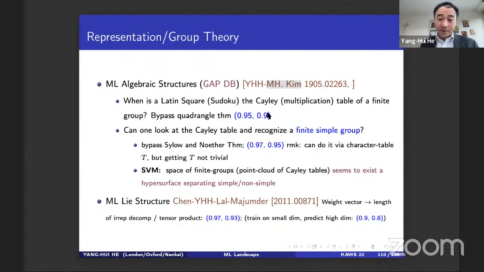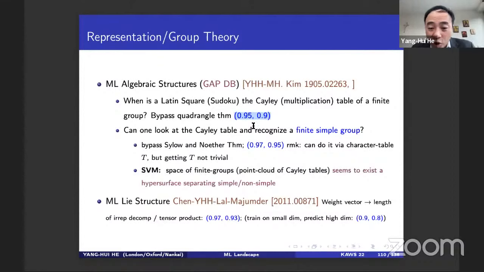I can't remember the exact number, and then split it up and see. Again, this is a binary classification problem. I love binary classifiers. This is why I emphasize so much, because they're the simplest things to do. And what I'm reporting here is the accuracy and confidence, the naive precision and confidence. Well, that's pretty damn good that your neural net, your feed-forward neural network, has absolutely no idea what it's doing. And yet it's recognizing what a finite group is to this level of confidence, right?